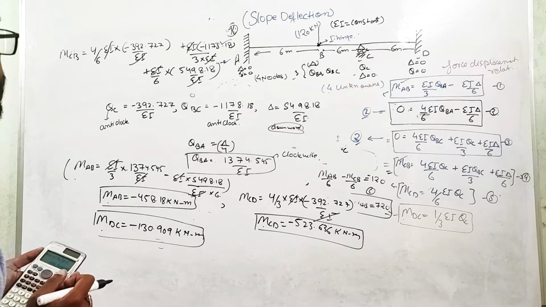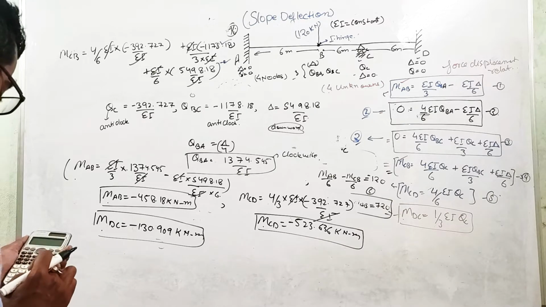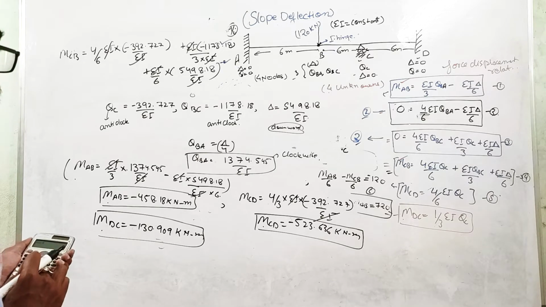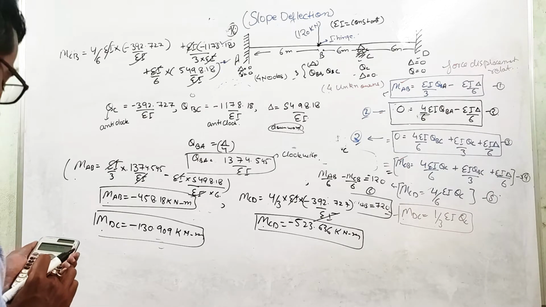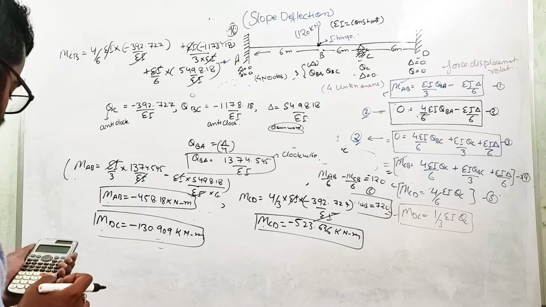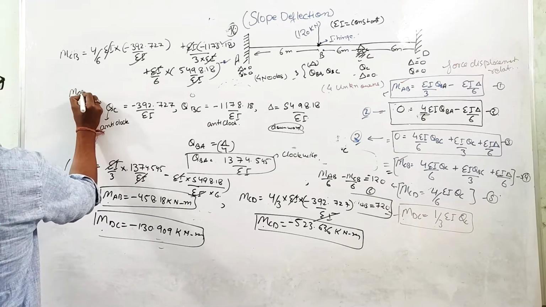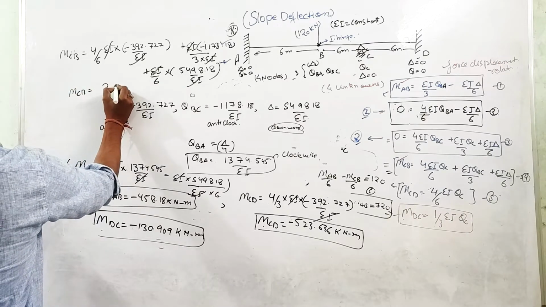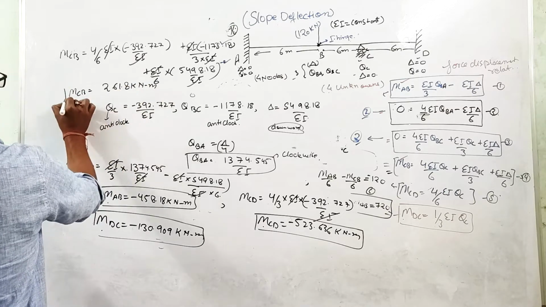And delta is positive, so 5498.18 divided by 6. So the MCB value comes out to be 261.8 kilonewton meter. Okay.